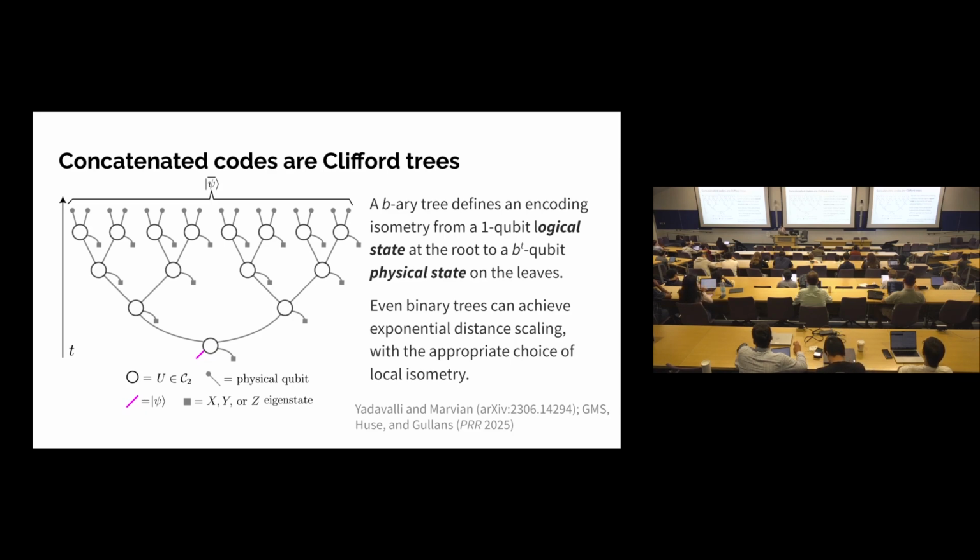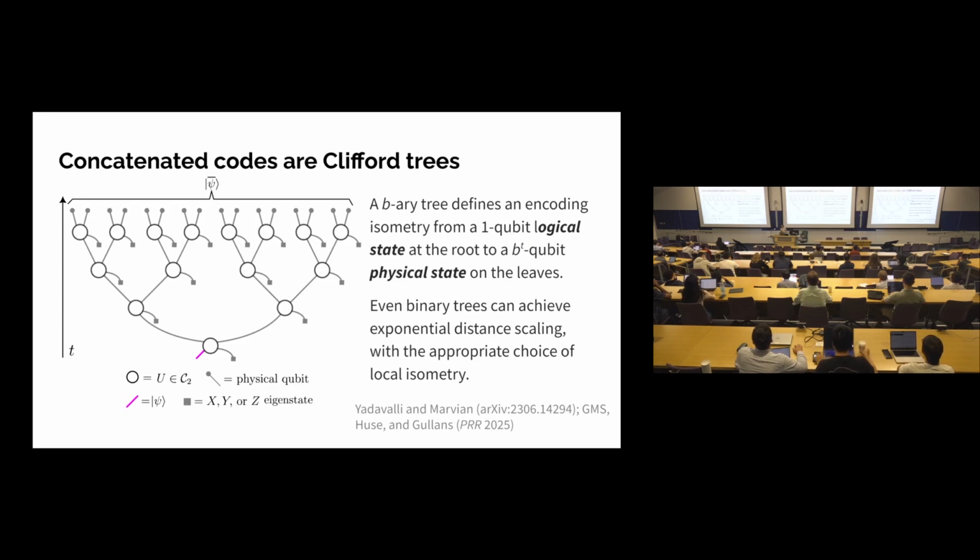If we take a B-ary tree, so in this example, B is equal to 2, and each node of this tree is an isometry, then if we have T layers of this tree, that gives us an encoding isometry from a 1-qubit logical state that we feed in on the root to a B to the T qubit physical state that we have on the leaves.